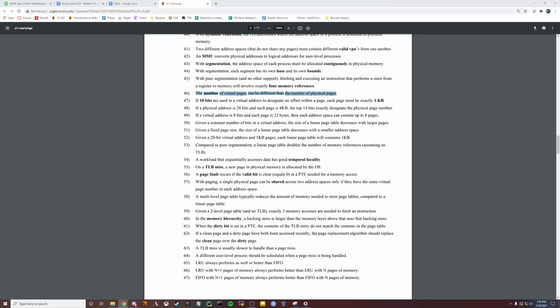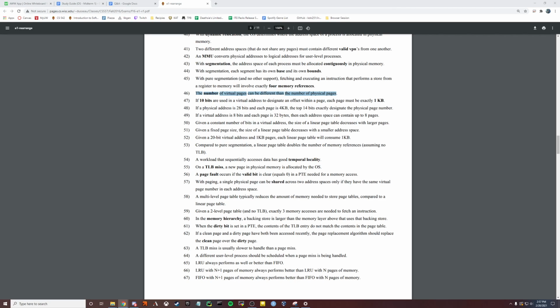I could be wrong though. Okay, well, on slide 29 of lecture 5, titled Paging, it says the idea is to divide address spaces and physical memory into fixed same-sized pages.